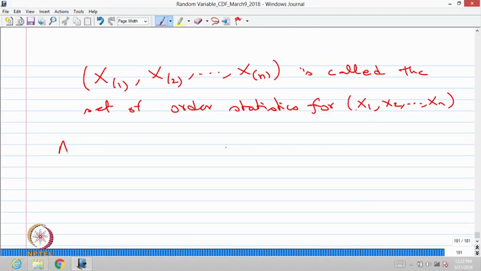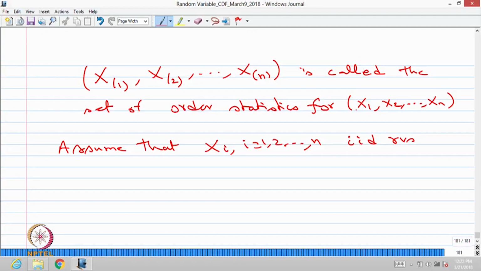We will go for some important results on order statistics. For that, I am going to make the assumption that the random variables Xi, i equal to 1 to n, are IID random variables. We have already given the definition of IID.